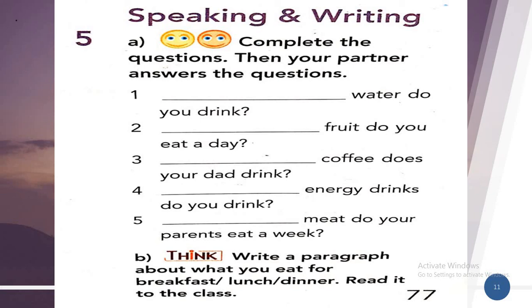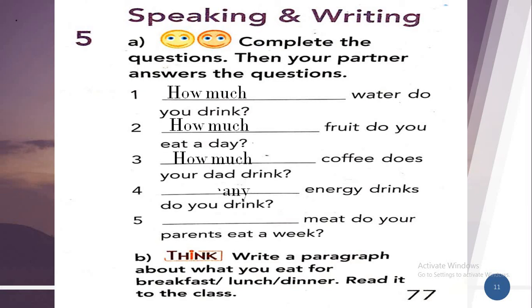So 1. How much water do you drink? 2. How much fruit do you eat a day? 3. How much coffee does your dad drink? 4. How many energy drinks do you drink? 5.